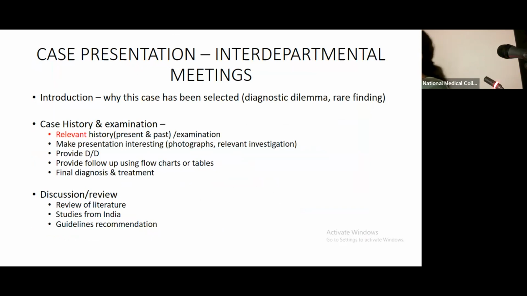So a total of 7 to 8 slides should be more than enough when you're going for a mortality meeting or an interdepartmental case presentation. Because nobody wants to hear too much cardiology or too much nephrology or too much neurology. That's a fact, because other departments will not be able to understand, they will not be able to focus there.